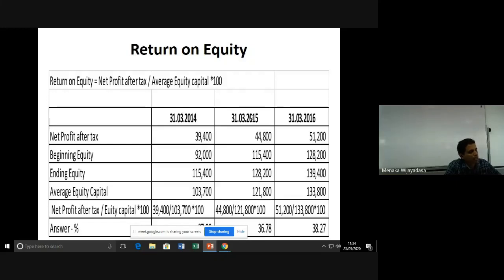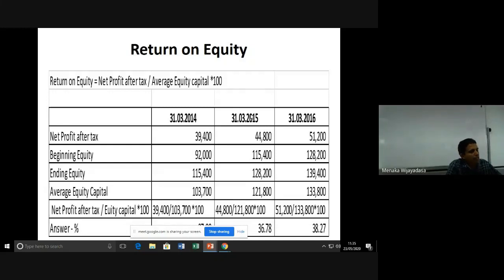Now you can calculate the ratio. The answers will be 37%, 36.78% and 38.27%. We will interpret all these ratios at the end, after we calculate all the ratios.